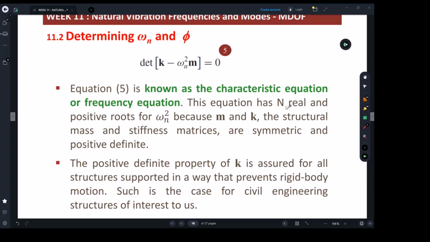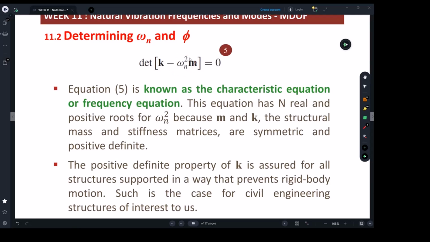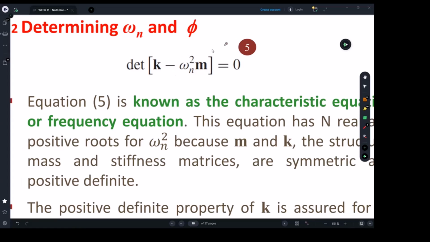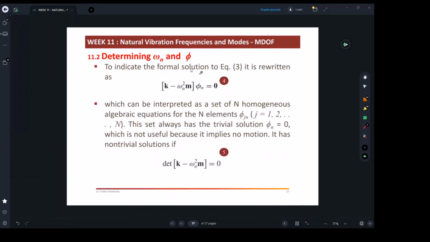For this equation number 5, we just need to find the real positive roots for omega, because that's what we're after, aren't we? Remember, our aim is to find frequency. This is going to be a property of what we found last week. This is the mass property of what we found last week as well. What we need to find is for the case where we had harmonic motion.